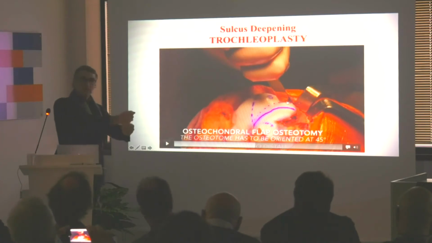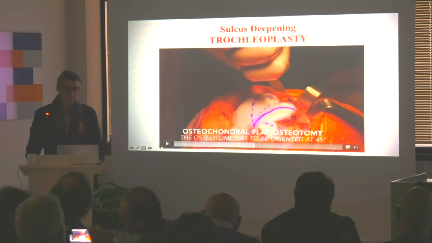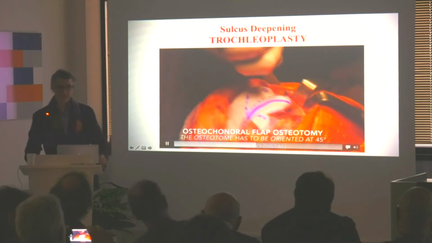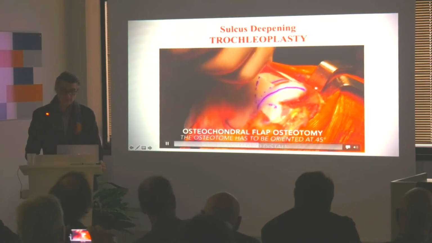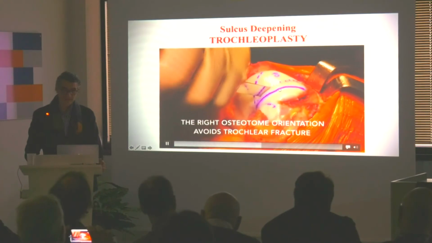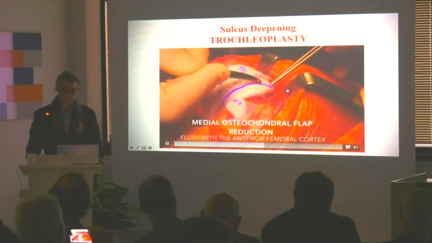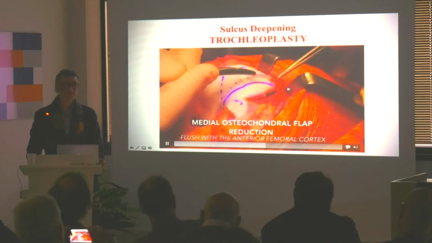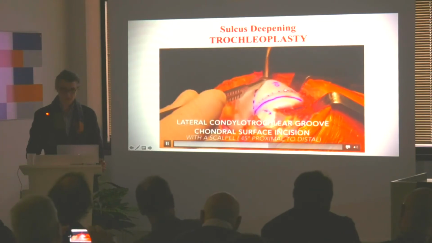If you go straight like that, you will break the trochlea. So you have to take 45 degrees angulation, and you start from the top, proximal to distal, and oh, fantastic! Look at that! Oh, so beautiful. Every time I see that, I'm so impressed. You're not impressed? Oh, you're so impressed.